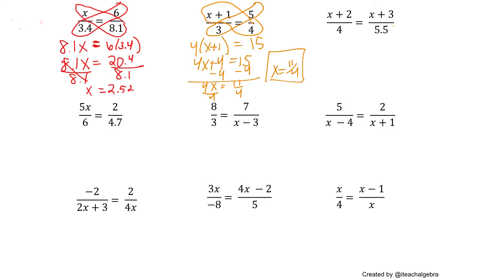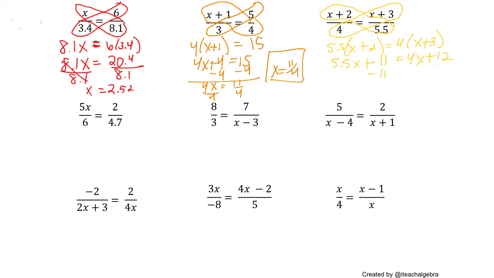One more. Cross multiply here. We get 5.5 times x plus 2 equals, and then another expression times a constant, 4 times x plus 3. Double distribute here. 5.5x plus 11 is 4x plus 12.